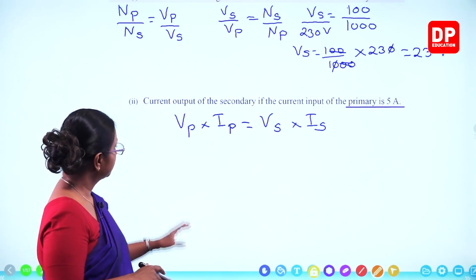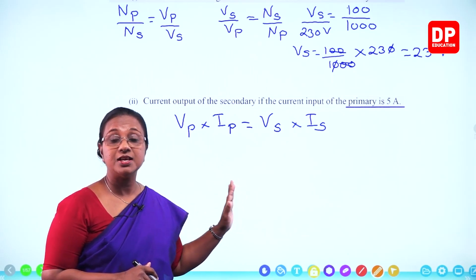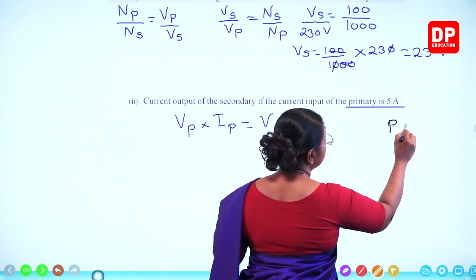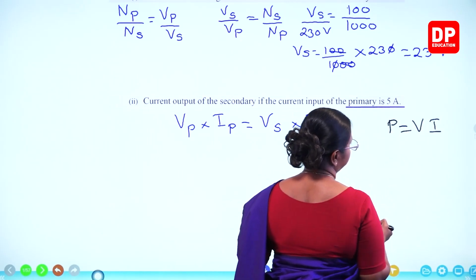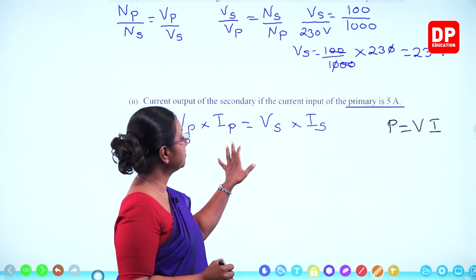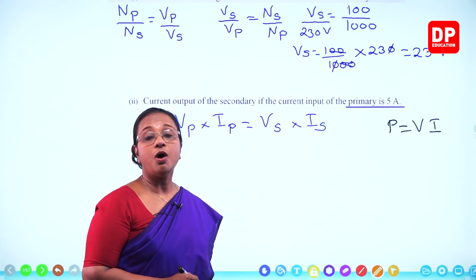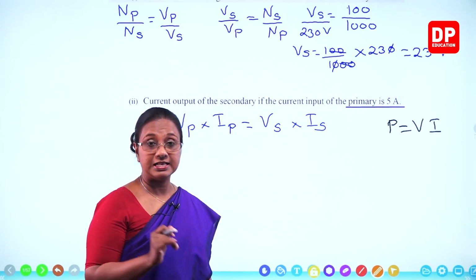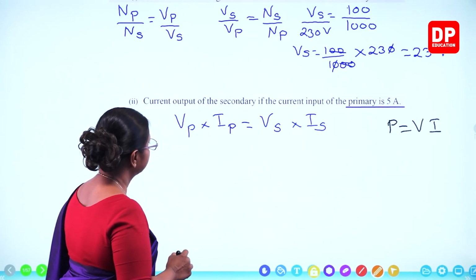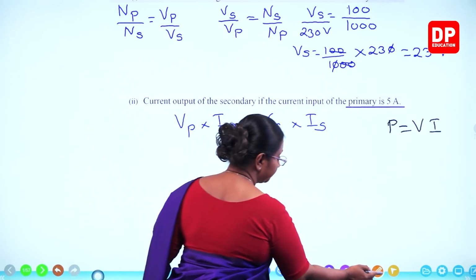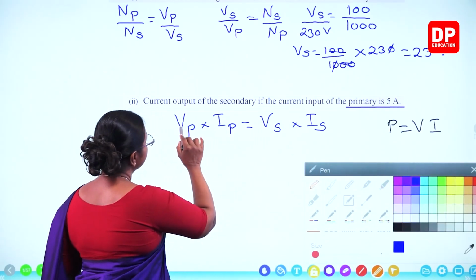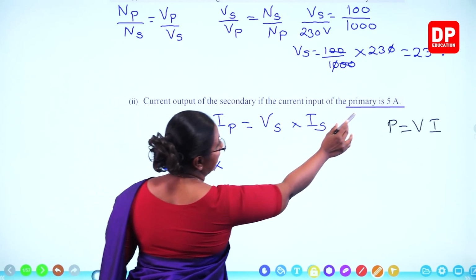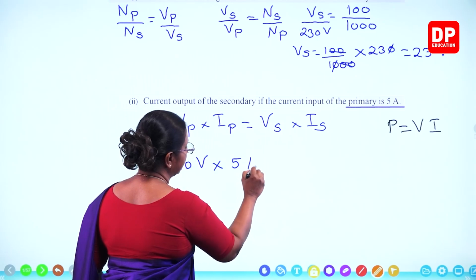You all know, students, power is VI. This is an equation we learned before. So power supplied to the primary coil is equal to the power of the secondary coil, assuming that there is no energy loss. So if we substitute the values, V primary is 230 volts and the current input is given as 5 amperes.